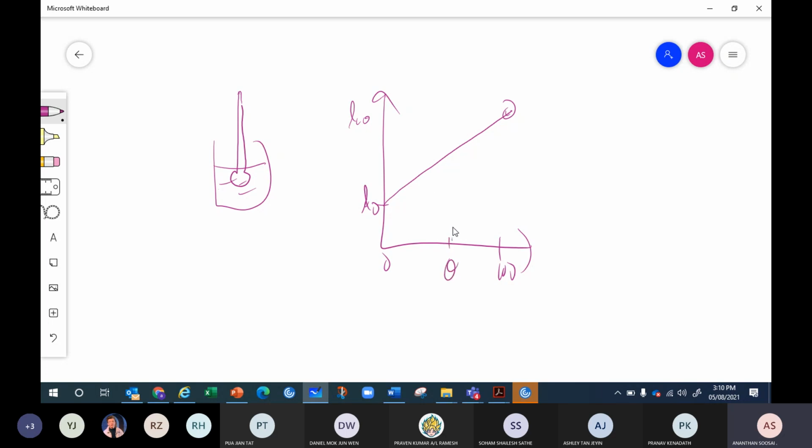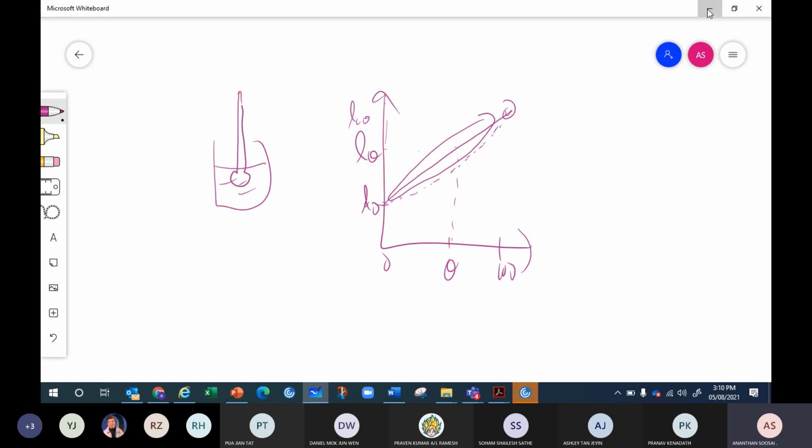For example, when this L theta was obtained, we are assuming this is linear, but indirectly, actually, it could be a little curve. So this is the assumption we made. We assume that the thermometric property changes linearly with temperature. It may not be true. That's why different thermometers give different readings.